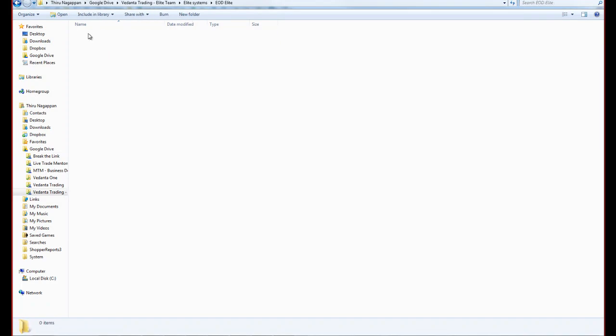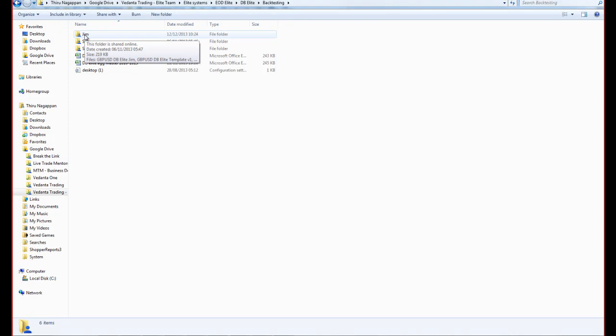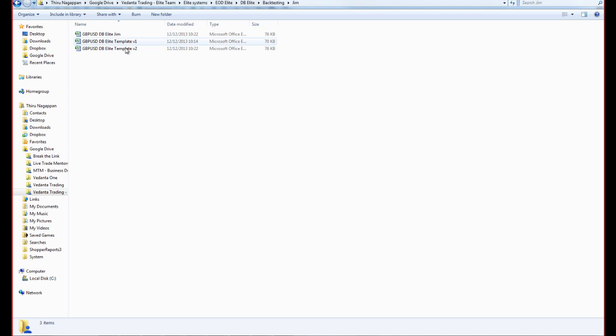So if you go under Elite Systems, then we got End of Day Elite, then DB Elite, then Backtesting, then go under Gym, then use this one called GPUSD DB Elite Gym, yeah? That's pretty much it. All the rest are template versions. Just the top one. That's the one that we want to be using.